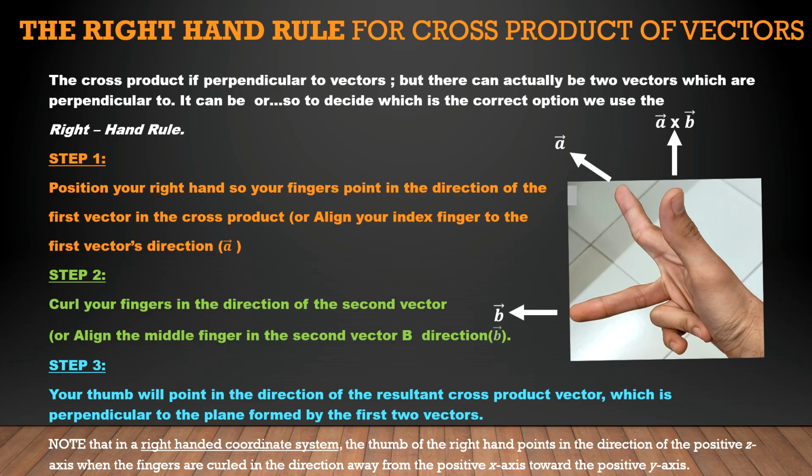So, how will you get the cross product? Your thumb will point in the direction of the resultant cross product, which is obviously perpendicular to the plane formed by the first two vectors. Also note that in a right-handed coordinate system, the thumb of the right hand points in the direction of the positive z axis if you imagine that your given vectors are in the direction of the positive x and y axes.